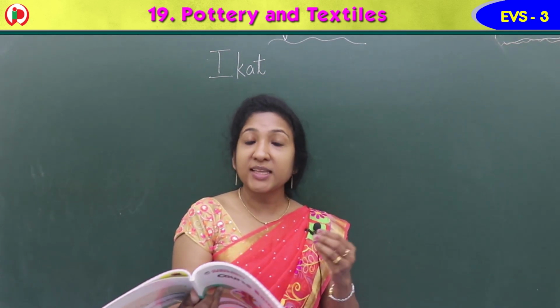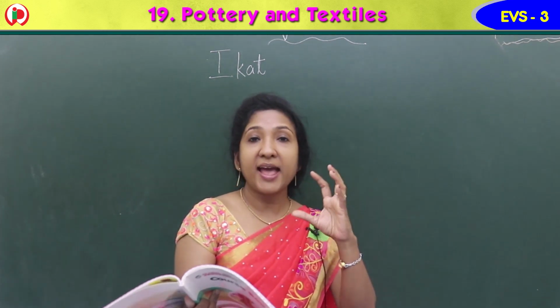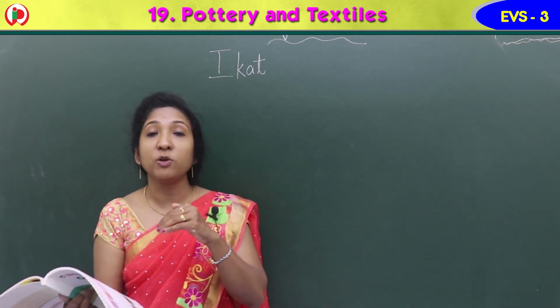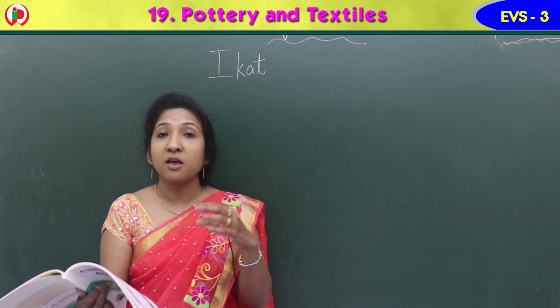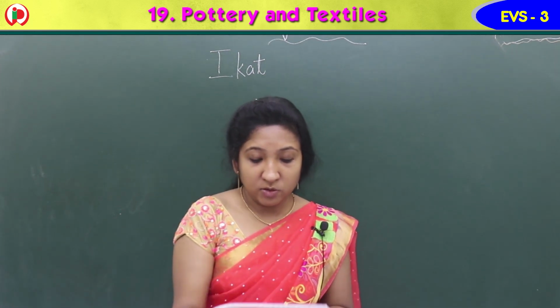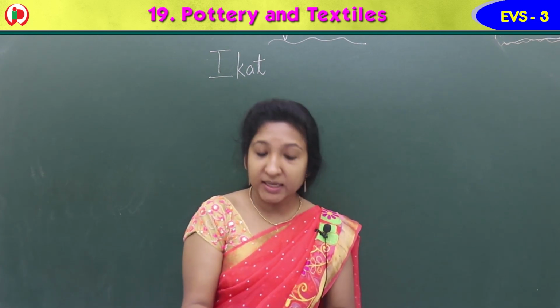So at first they give color to the threads, then they weave them on a loom. A loom is an apparatus or device used to make clothes. They weave them on a loom to obtain a cloth with design.